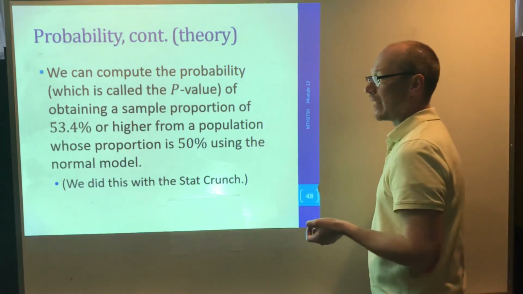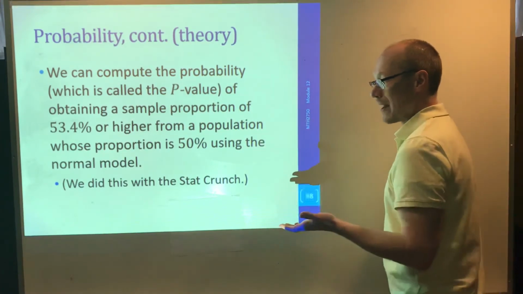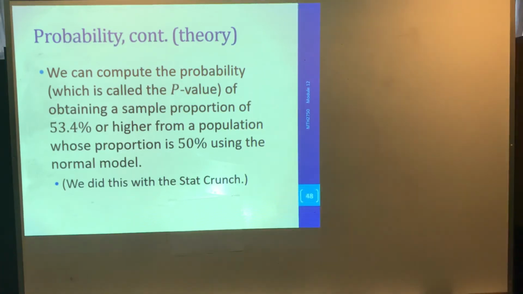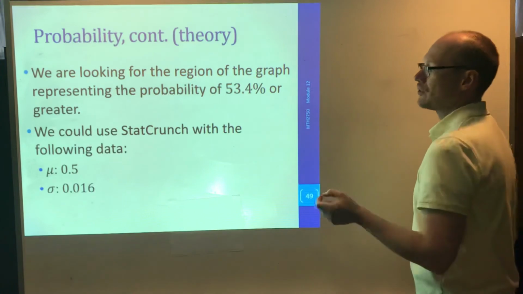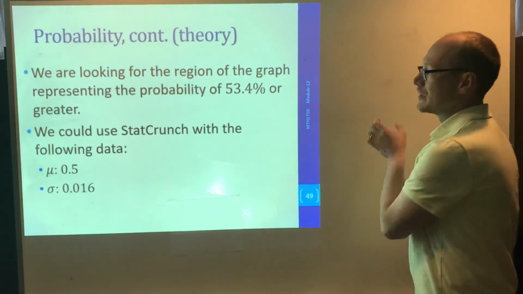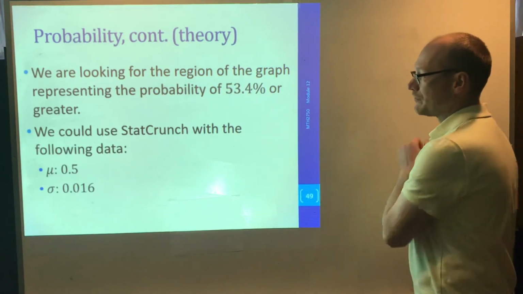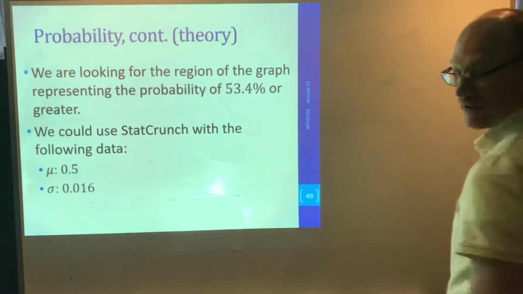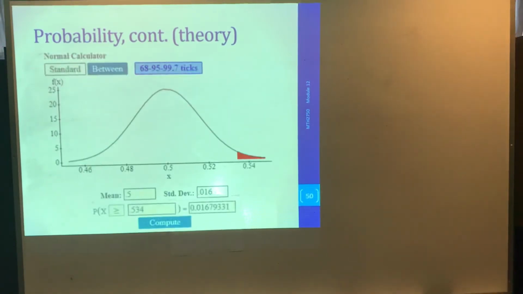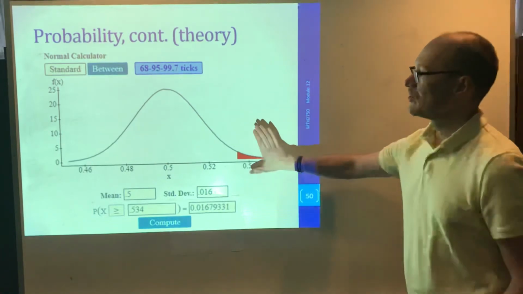We can compute that using the normal model, which we did with StatCrunch, right? What we're looking for is the region of the graph representing the probability of 0.534 or greater. And we can use StatCrunch with that value. I put it up here as a screen. We've seen this kind of screen before, right?